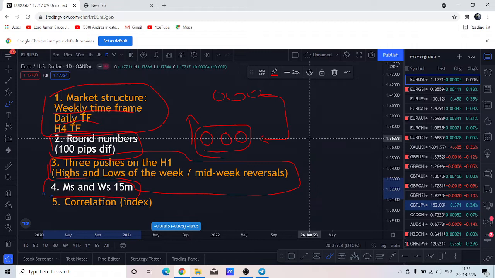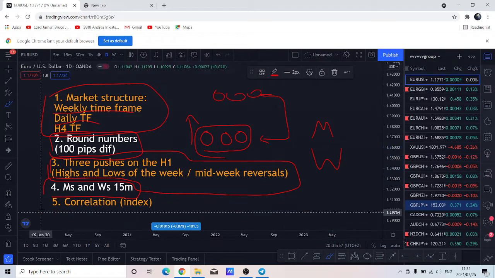Whenever I start analyzing, I start on the high time frame, followed by round numbers, and then the midweek reversal. Then for entries, I use the M's and W's, something like this. This is an example of an M, and this is an example of a W. This appears on the 15-minute time frame specifically, because that's when I enter my trade.